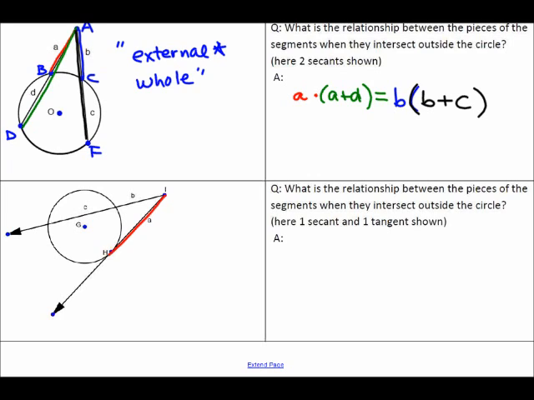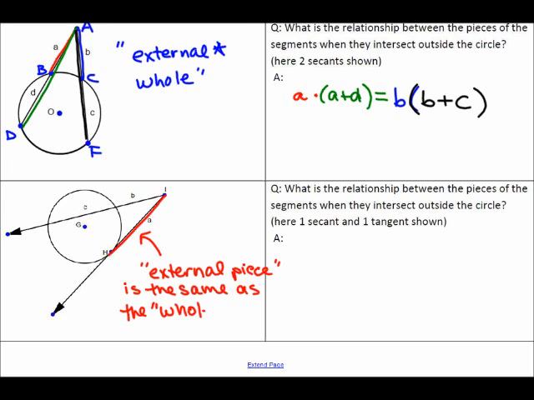So let's write that down. The external piece is the same as what we call the whole thing.